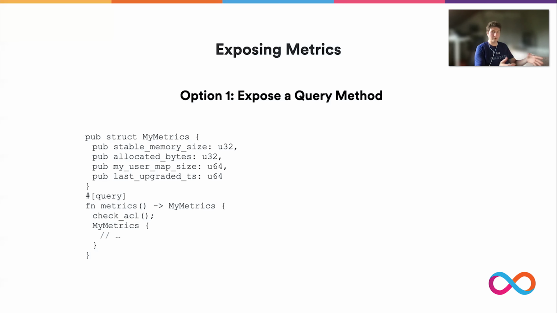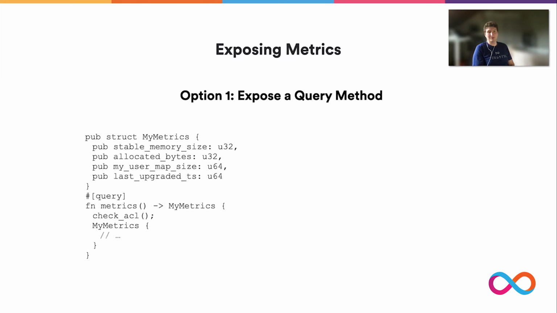We use metrics: we collect data about canisters in the canisters themselves, and fetch this data from time to time to figure out what they're doing, how many users you have, how much memory you have, and so on. There are two ways to expose those metrics. One is to have a data structure with metrics as fields, and have a query method.